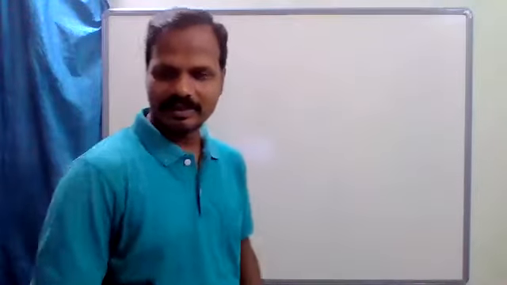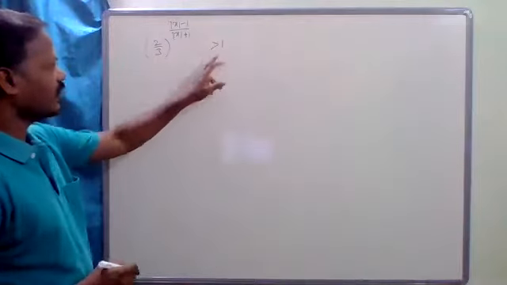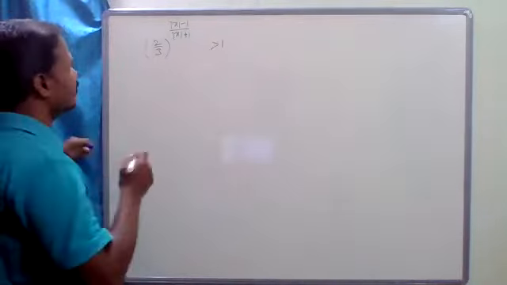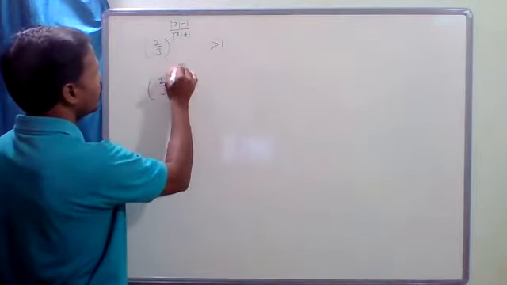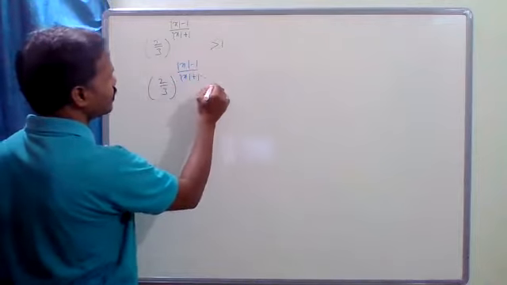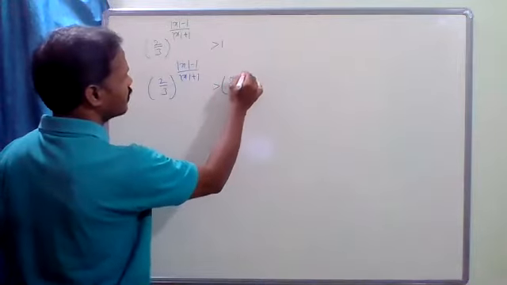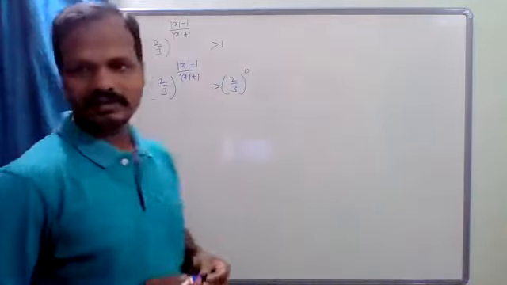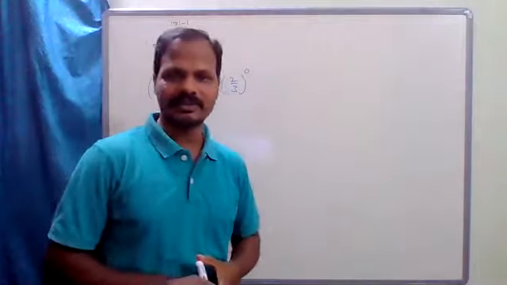Now see, here 1 is there. Now this can be written as (2/3)^(|x|-1)/(|x|+1) is greater than 1, and 1 can be written as (2/3)^0. Yes or no? 1 can be written as something power 0.